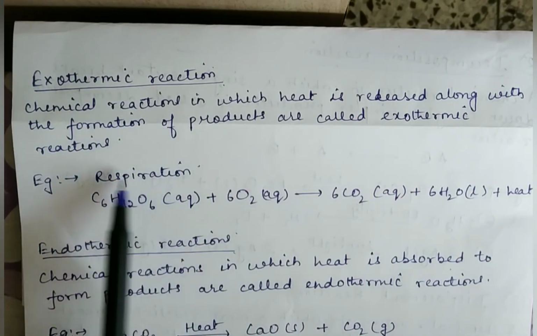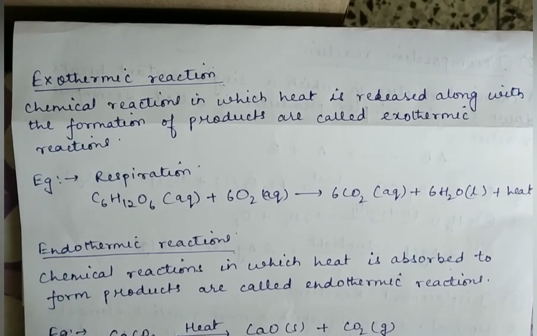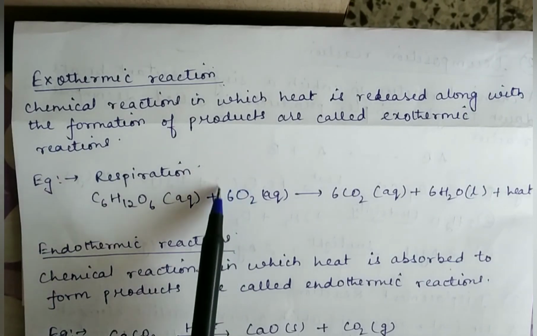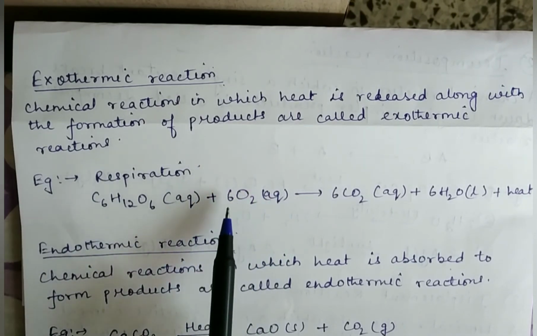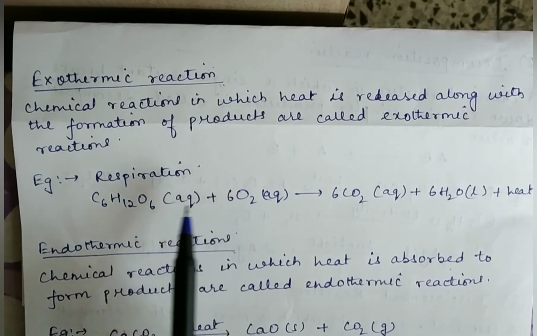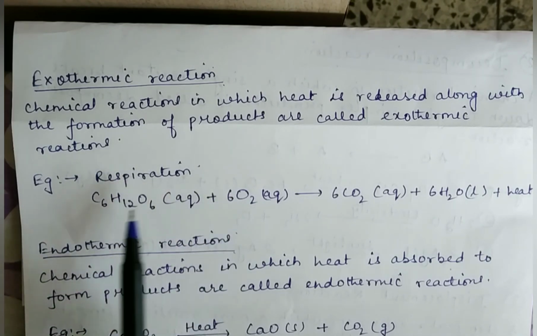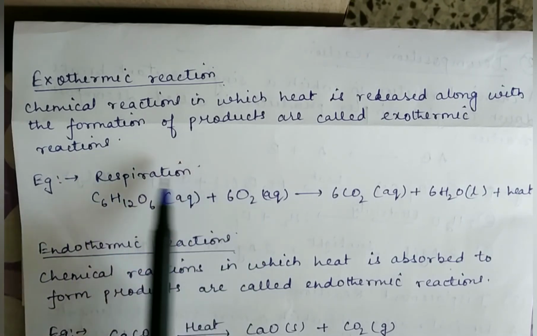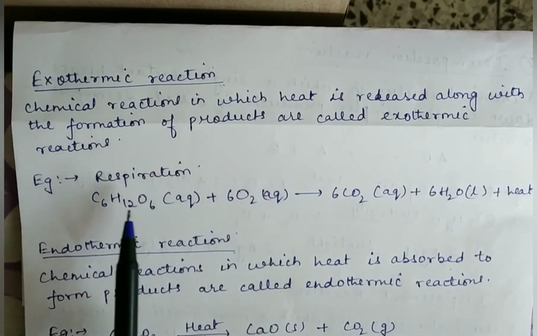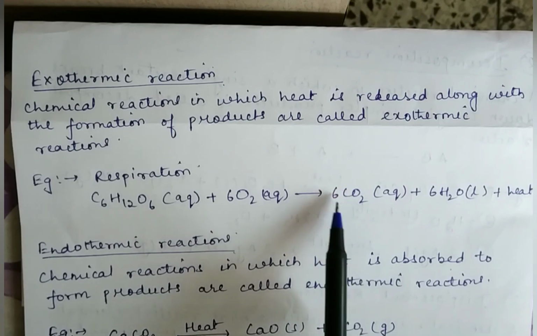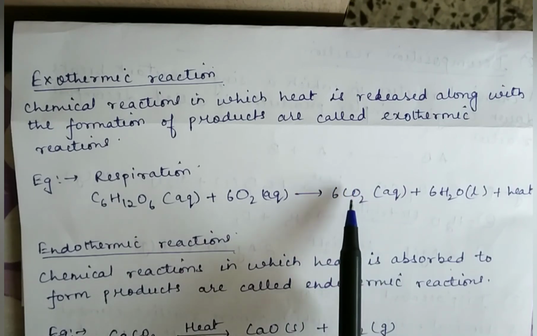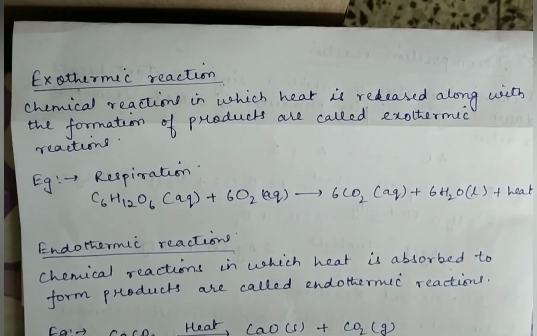Now this glucose comes from carbohydrates that we eat through our food. This oxygen comes from our breathing. We take in oxygen while we breathe. So this oxygen is transported to our cells through the blood. In the cell, this glucose reacts with oxygen, and the products formed are carbon dioxide, which is again transported to the blood and expelled outside while we exhale.